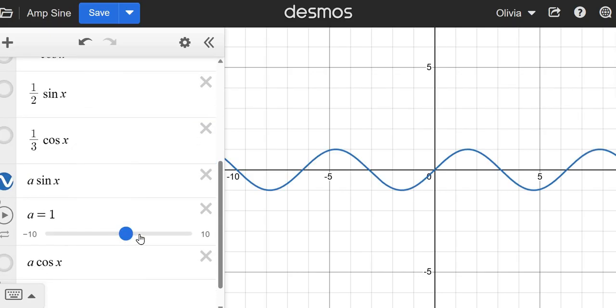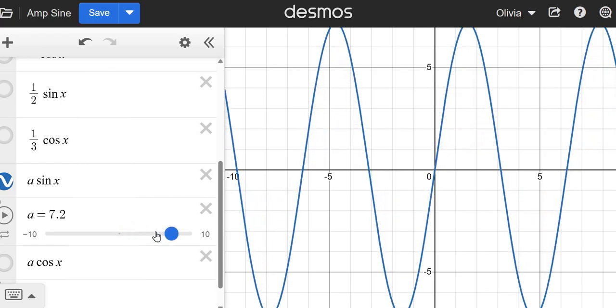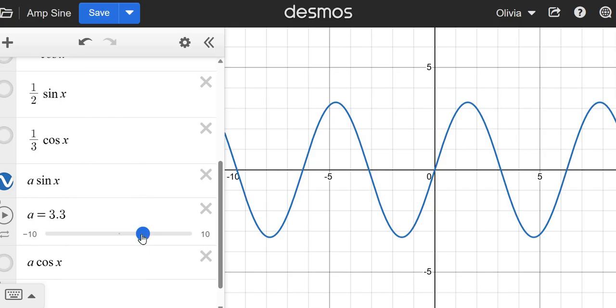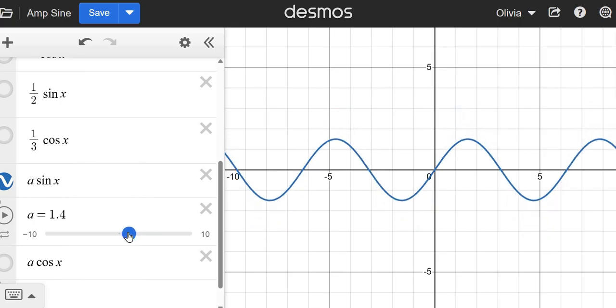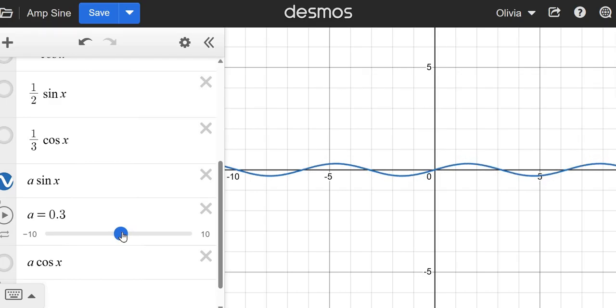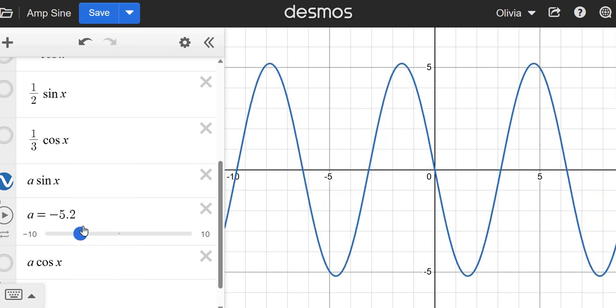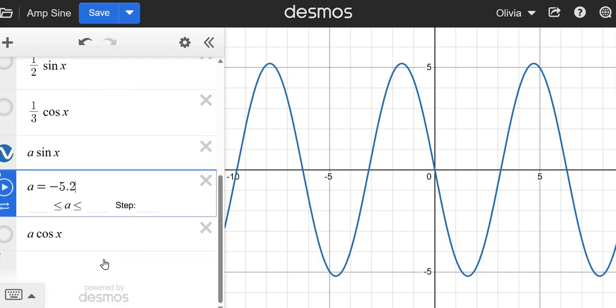So we can look at this. As my a value gets bigger, we're going to keep getting bigger. And as our a value gets smaller than 1, but closer to 0, we're going to get smaller and smaller and smaller. If I flip it to negative, it's going to reflect it. The more negative we get, it's going to get taller again. And then the same thing is going to be true for our cosine graph.